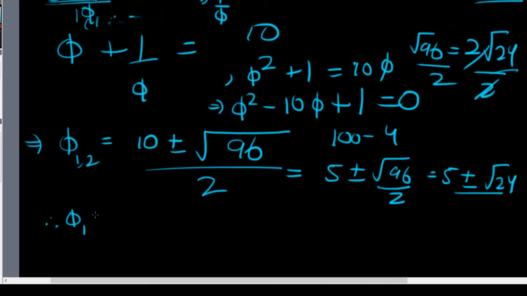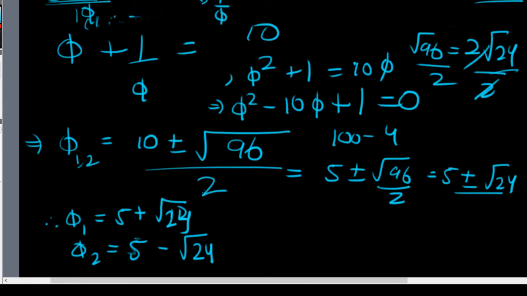Therefore, phi 1 will be 5 + √24, and phi 2 will be 5 − √24, excuse me for my handwriting. So that's done. We found the two values of phi.